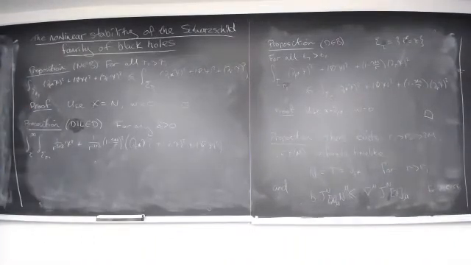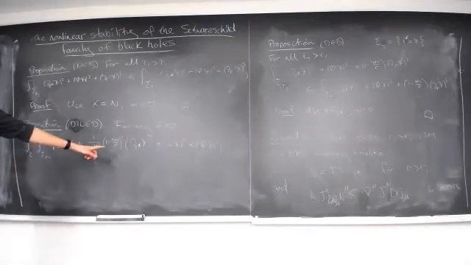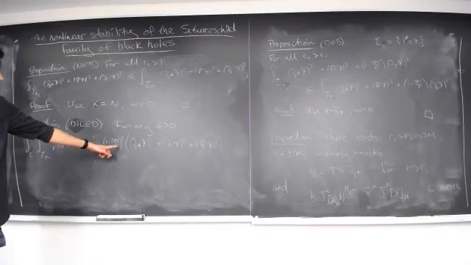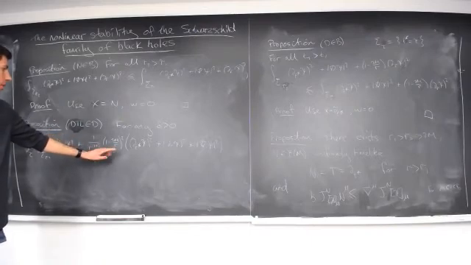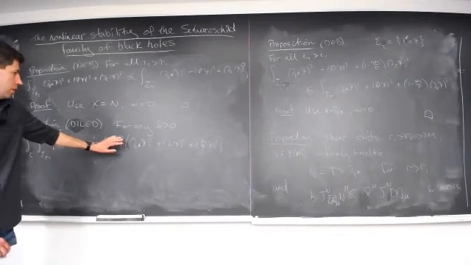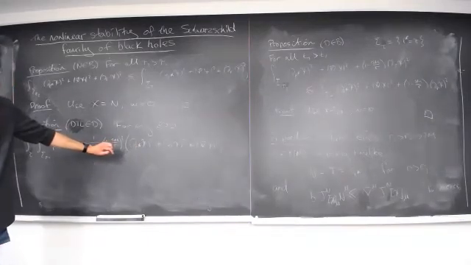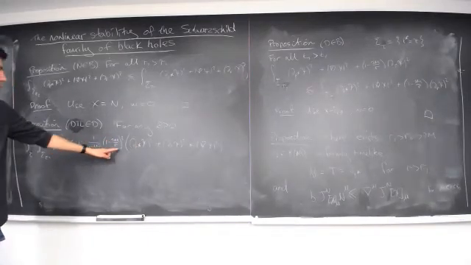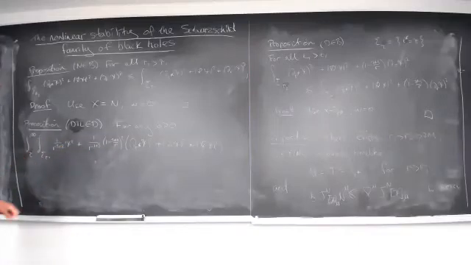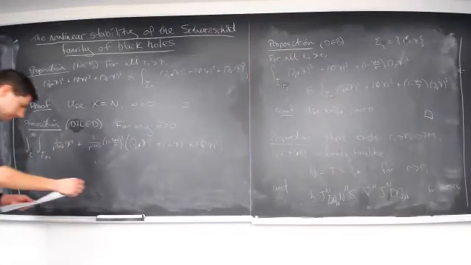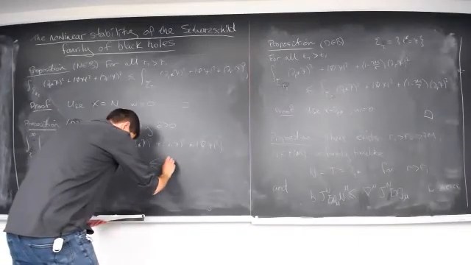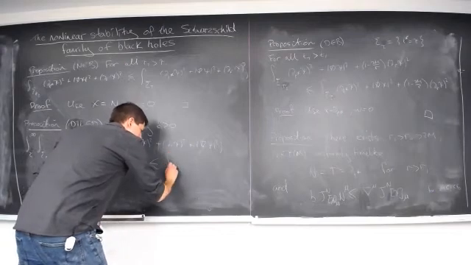So this is the claim. There's an integrated decay statement. However, there's this factor which degenerates exactly at the photon sphere, r equals 3m. It looks very similar to the expression we had in Minkowski space. The only difference is this factor which degenerates when r is equal to 3m, and this is bounded by some initial energy.